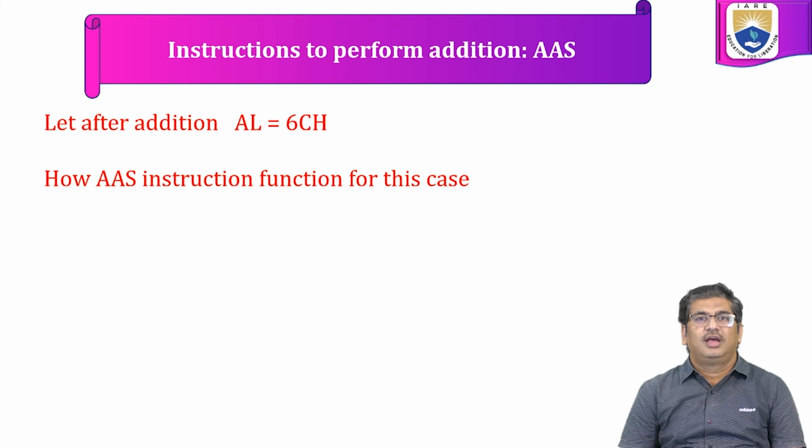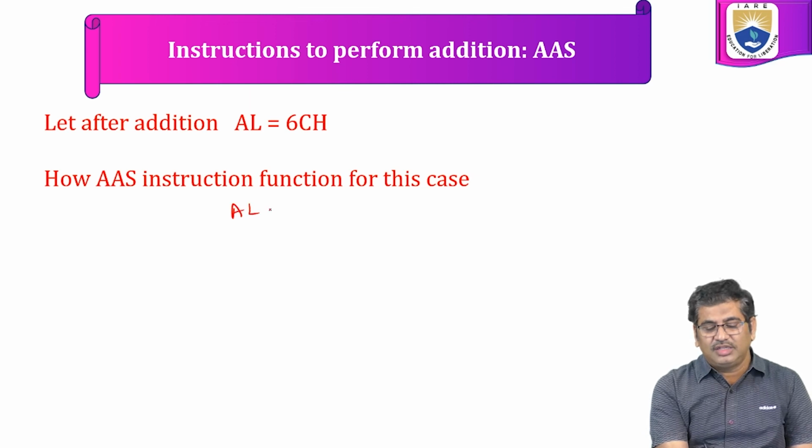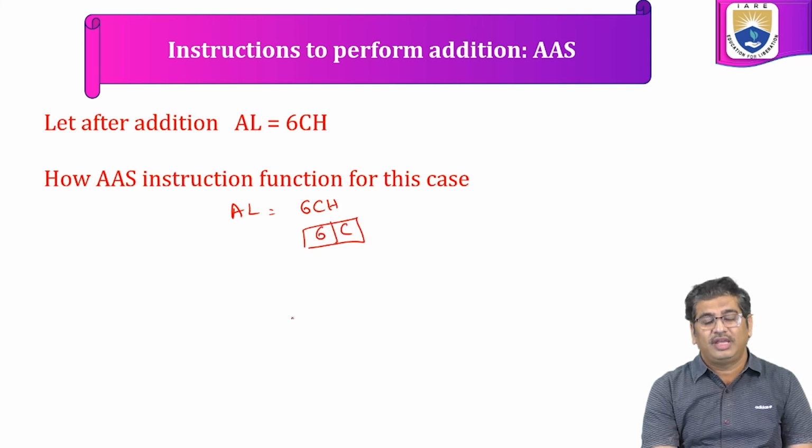Now we will see with a few examples how this AAS instruction will work. Let us assume after subtraction the difference is moved to the AL register, which is equivalent to 6CH. So the AL register contents are 6CH. The AAS instruction first will clear the upper nibble of the AL register.